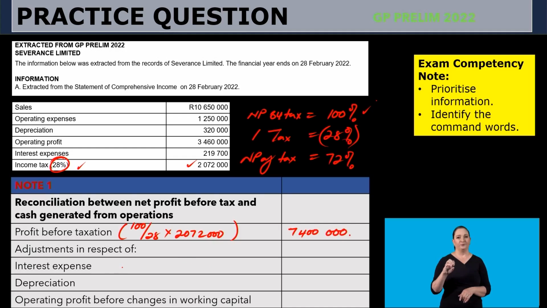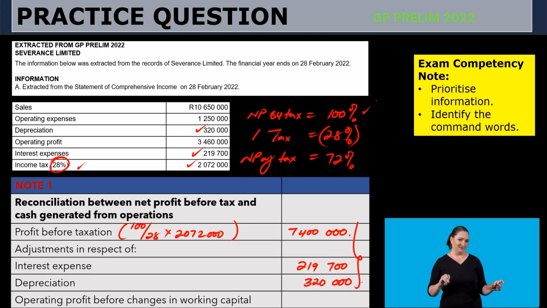Then the next part is my adjustment in respect of interest. So I have my interest expense here. I'm going to add my 219,700. And then I'm also going to add my depreciation, 320,000.